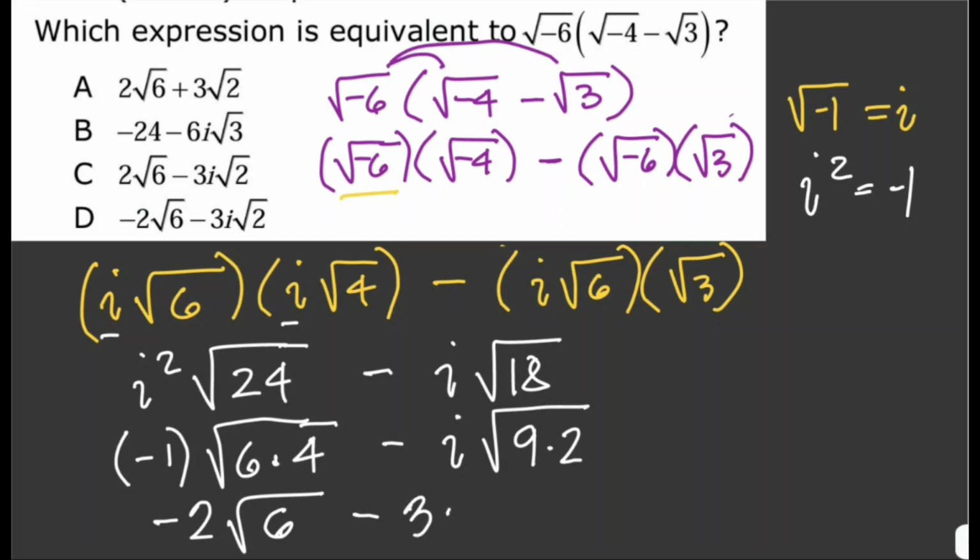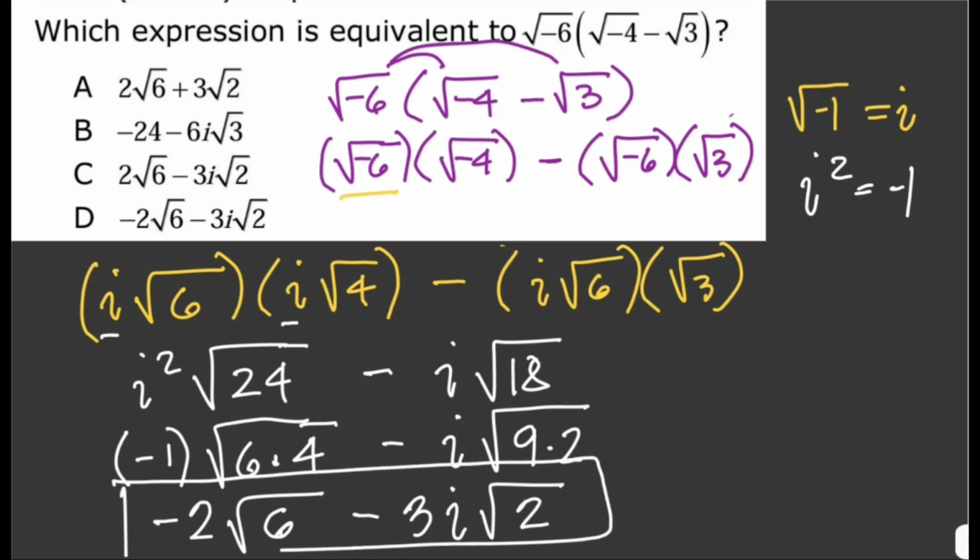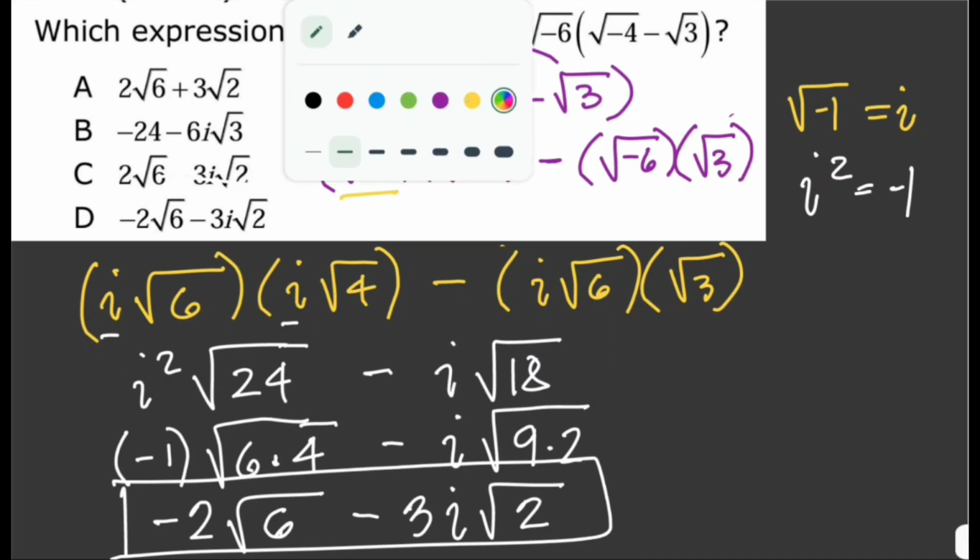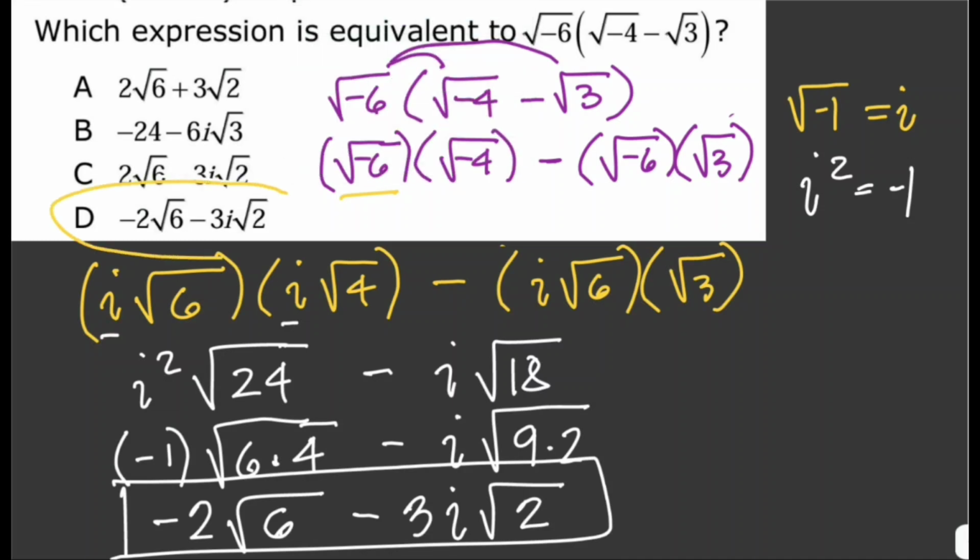So this is 3i. And we're left with 2 inside the radical. Therefore, we cannot simplify this further. Therefore, the answer would be this one. So -2 square root of 6 minus 3i square root of 2. So that would be letter D, this one.